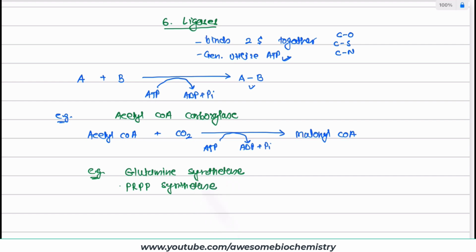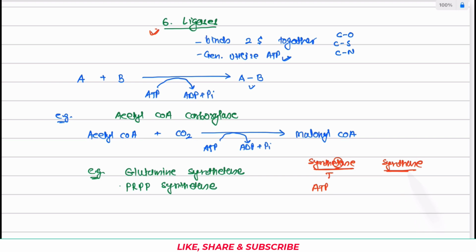Remember, this is synthetase, it is not synthase. There is a very subtle difference between synthetase and synthase. See, over here in synthetase, this T is there. So remember, whenever that extra T is there in the name synthetase, understand that it is of the class of ligase, and so it is utilizing ATP or any high energy phosphate bond.